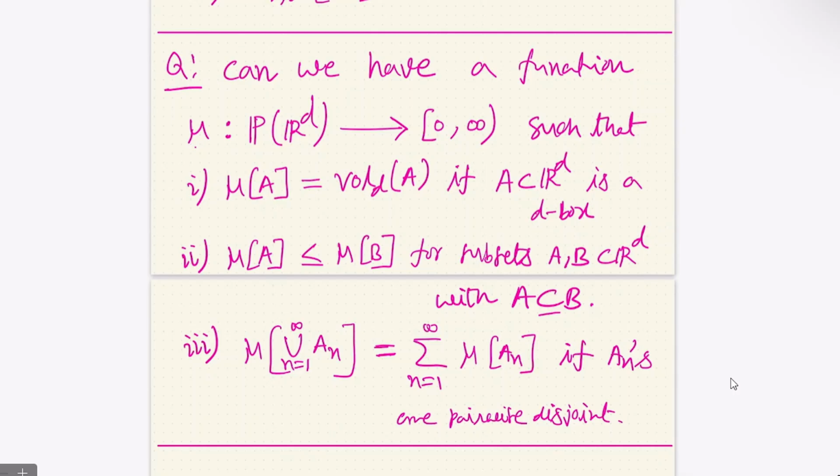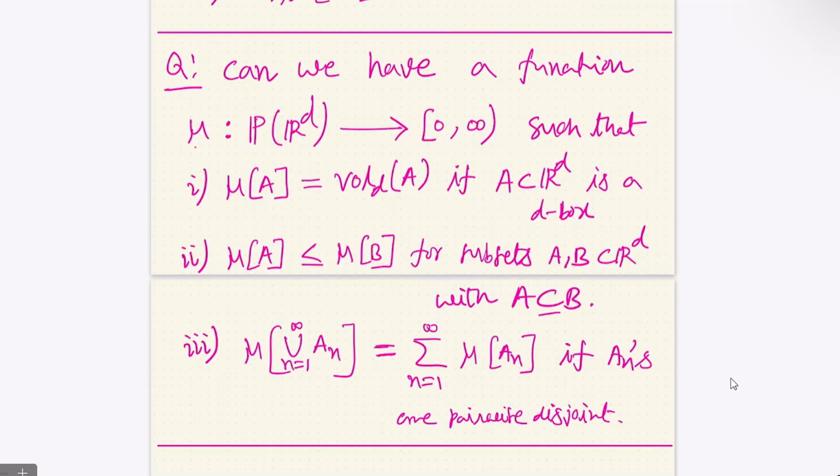To answer this question, think of sigma algebra, think of the measure definition, how they are related. This is the forceful way to bring the sigma algebra into the definition.